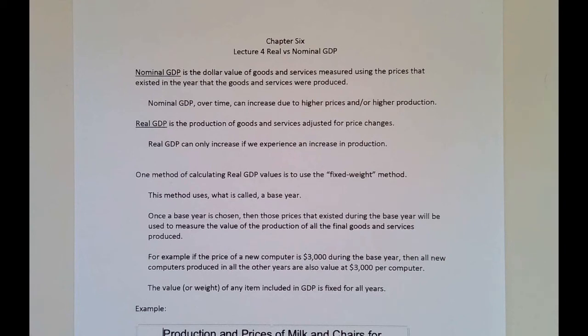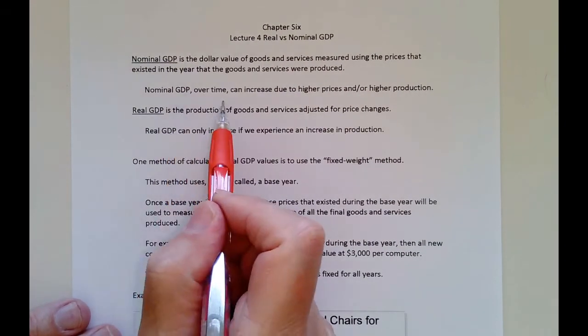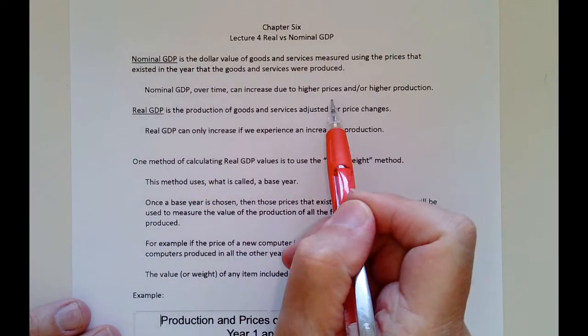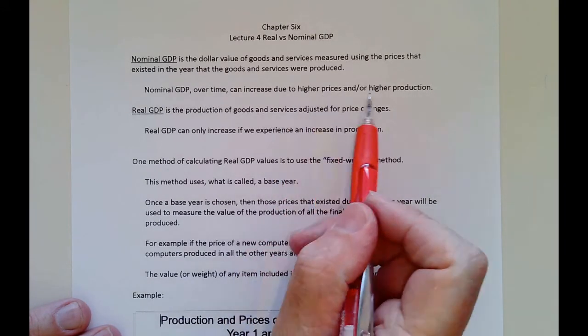But then in 2020, the prices will be different, and so nominal GDP would be influenced not just by more production or even less production, but by changes in prices. So this means that nominal GDP over time can increase due to higher prices and or higher production. And typically most years when we are producing more, it's due to both reasons.